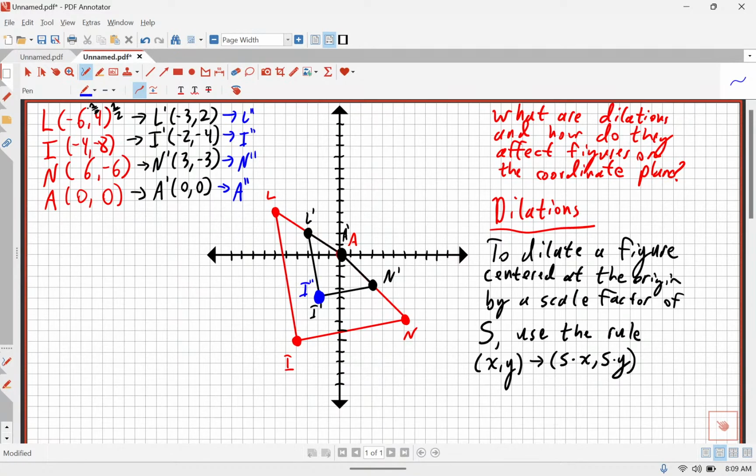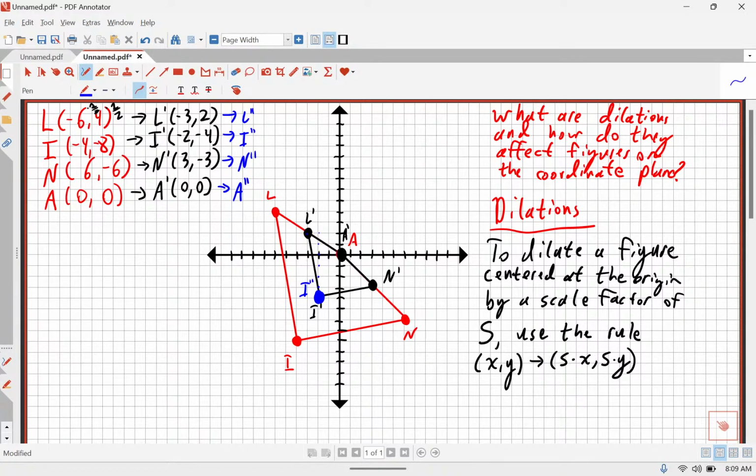Here's what we're going to do, though. If we count all the spaces from I prime to L prime, it goes 1, 2, 3, 4, 5, 6 up, and then left 1. If we multiply both of those by 3, what is 6 times 3? 18. What is 1 times 3?